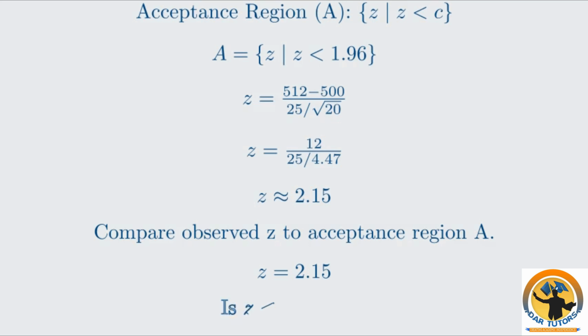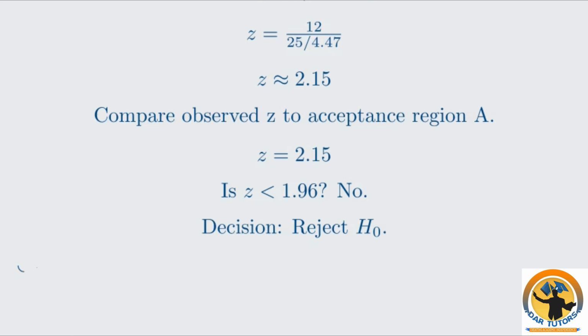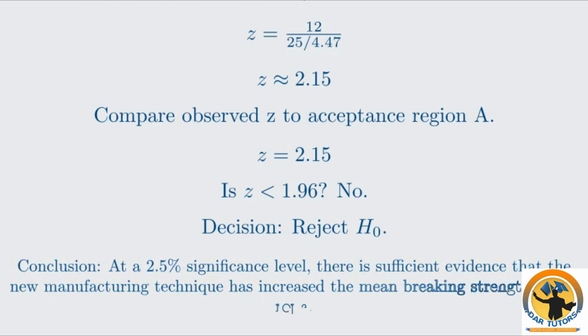Is 2.15 less than 1.96? No, it is not. In fact, 2.15 falls into the critical region, outside of the acceptance region. Therefore, we reject the null hypothesis. The conclusion is that at a 2.5% significance level, there is sufficient evidence to claim that the new manufacturing technique has increased the mean breaking strength of the rope.